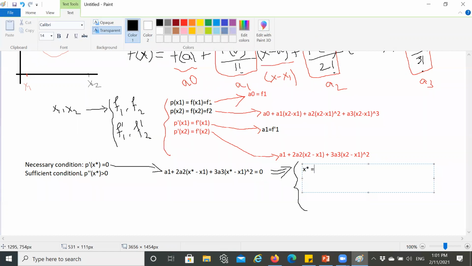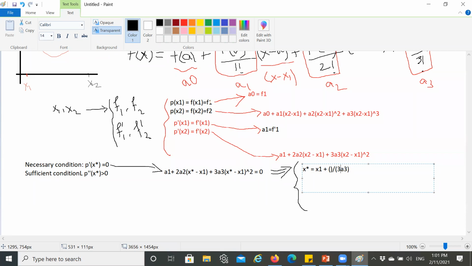So x star would be equal to x1 plus, I'll put it in brackets, divided by 3. I have worked this out before, so I am writing it down. 3 times a3.